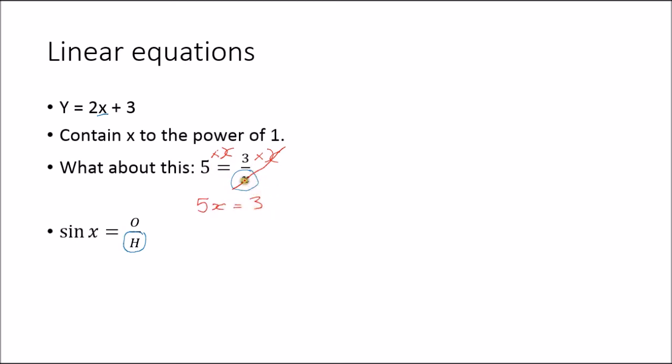You can see we've gone from a non-linear equation, because when x is on the bottom line it's to the power of -1, which is not linear, to a linear equation, and this is something that you'd all know how to solve. We would divide both sides by 5, cancel our 5s, and we end up with x equals 3 over 5.